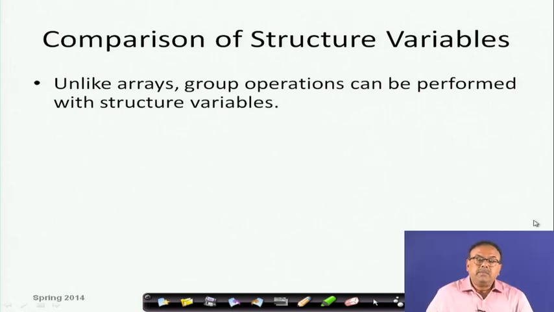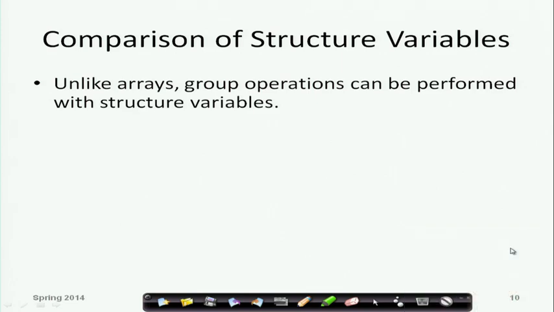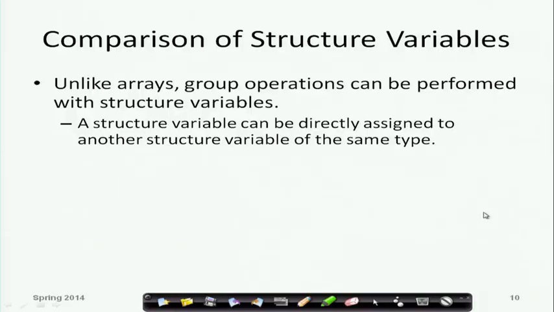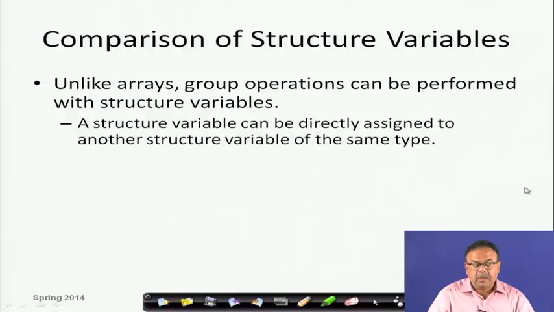Now, there are some things which we can do in a much simpler way. You remember that in the case of arrays, we could not compare arrays together, that array A1 is equal to A2, that was not possible. If we had to compare arrays, I had to check them element by element. On the other hand, a structure variable can be directly assigned to another structure variable of the same type.